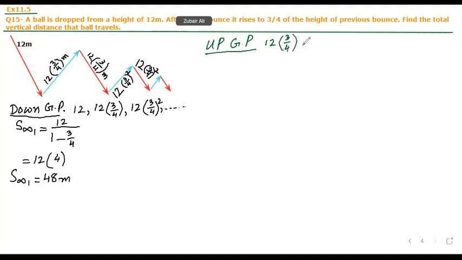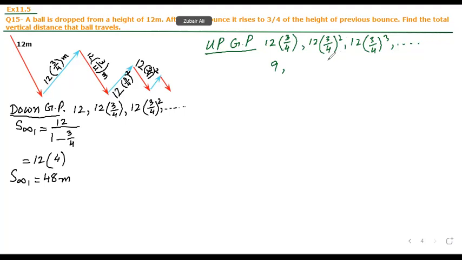Then 12 into 3 upon 4 square. Then 12 into 3 upon 4 cube, and so on. So simplifying the first term, this will be 9, comma.